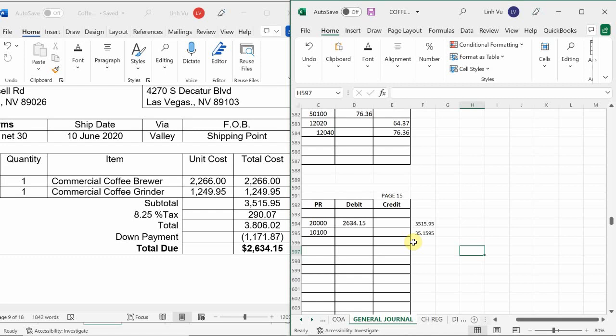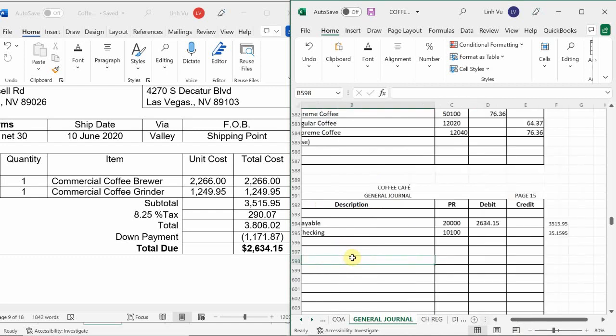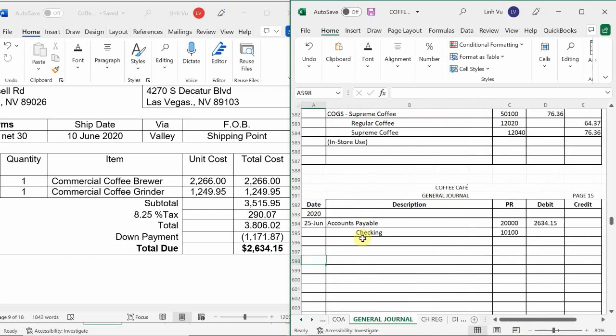We didn't pay full price for it. We paid a discounted price. So in this case, we do need to go ahead and take these amounts and adjust it to our coffee brewer and coffee grinders.